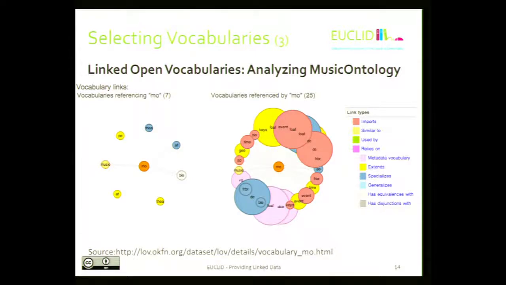Linked Open Vocabularies, also in surveying and collecting this use of vocabularies, provide some more nice visualizations within the vocabulary to tell us how it's made up. So here, this analysis of the music ontology, which we've used in the module so far and will use more in this webinar and later, looks at the music ontology and considers the other vocabularies that the music ontology uses.